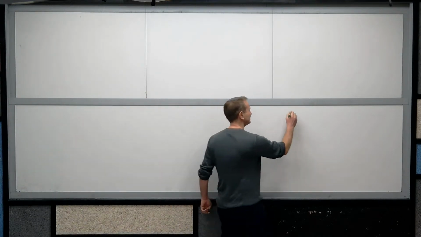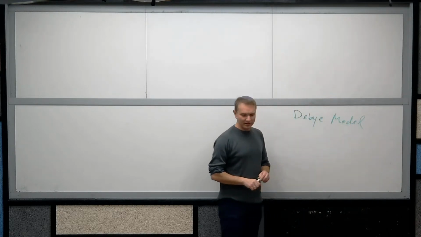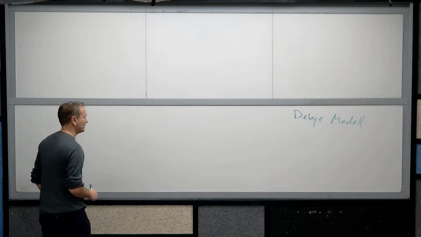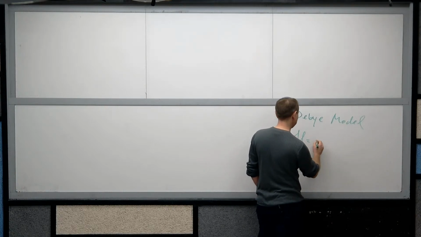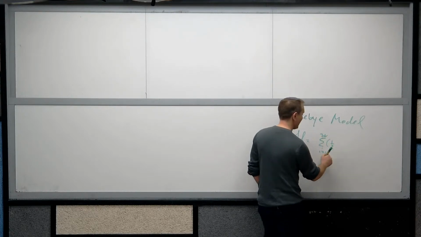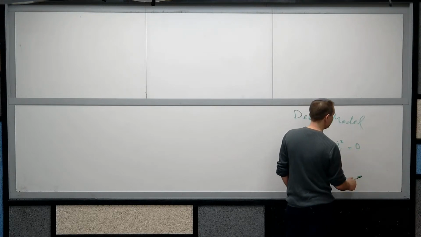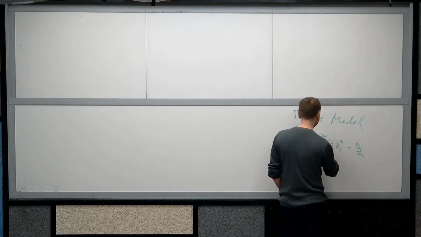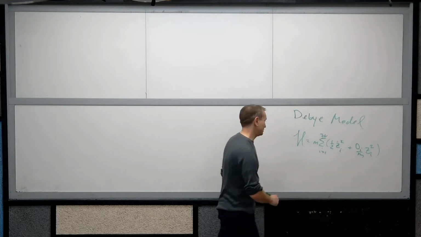Hi everybody, we are still in the middle of the Debye model. In the Debye model, first of all, we managed to obtain that the Hamiltonian of a solid is the sum over i from 1 to 3N of 1/2 (z_i dot squared plus d_i divided by m, z_i squared).